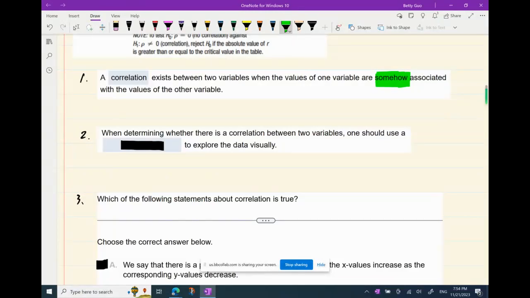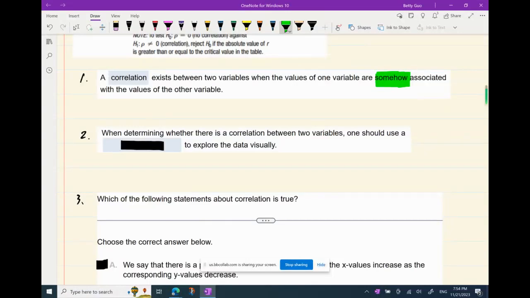So just the correlation. Number 2, you can stop me if you have any questions, all right, guys? When determining whether there is a correlation between two variables, one should use a what to explore the data visually? Visual examination.